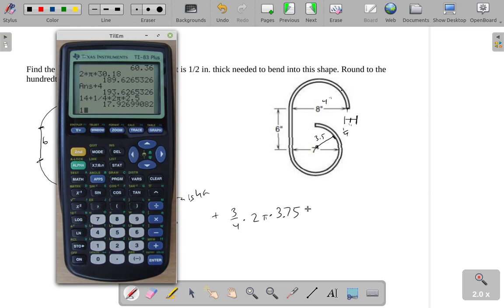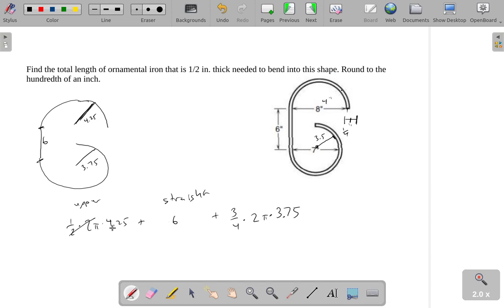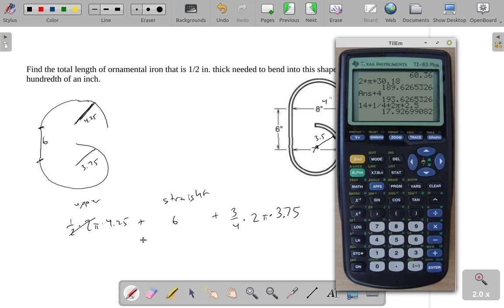So 1/2, move this out of the way. 1/2 times 2 is actually just 1, so these actually just cancel each other out. I don't need to type both of those in. If dividing by 2 and then multiplying by 2 just cancel each other out. So I'll just go pi times 4.25.